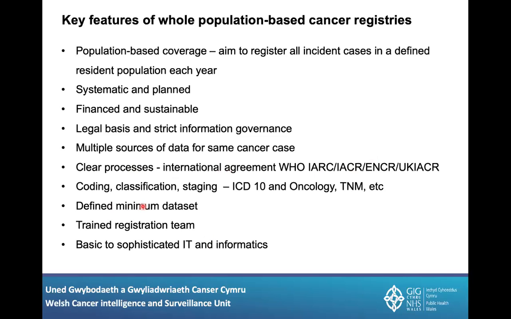And for coding, classification and staging, we follow international rules to derive them. And as long as data sources and legislation allow, we then follow the rules set out by WHO, the International Association of Cancer Registries, the European Network of Cancer Registries, which filters down to us through the UK and Ireland Association of Cancer Registries.